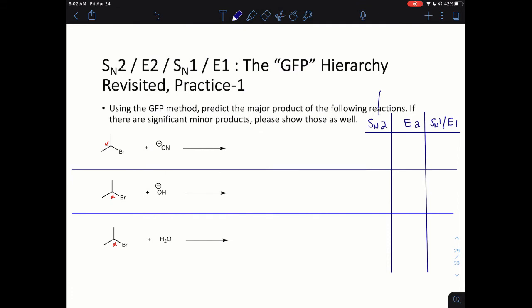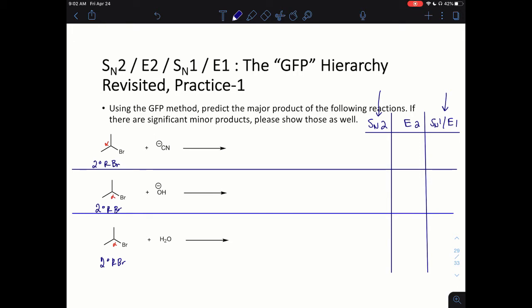And to evaluate both SN2 and SN1/E1, you need to think about the substitution pattern of the alkyl halide. So we have a secondary alkyl halide, right? That alpha carbon is bonded to 2 other carbons, so it's secondary. And we have the same alkyl halide for all 3 reactions. So we can just go ahead and evaluate all 3 for SN2 and SN1/E1 right now.